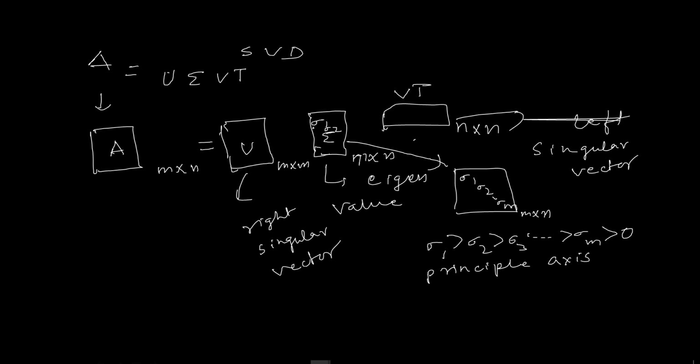There is a u1 vector, a u2 vector, and in this way up to un, M columns. Similarly, you have sigma n values. In this way you have v1 transpose, v2 transpose, going up to vn transpose.